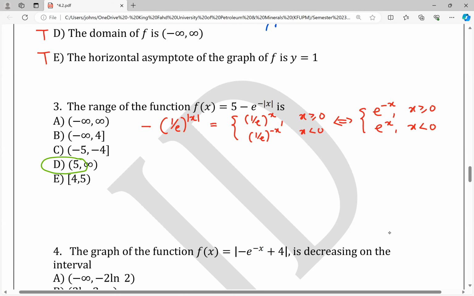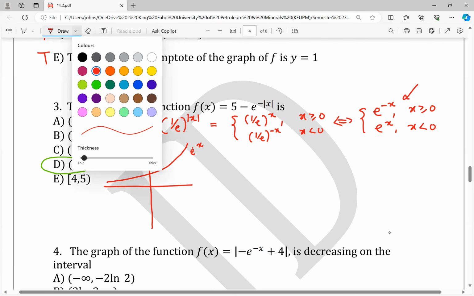So we try to graph this one first. To graph this, it will be piecewise. What is e to power minus x? Remember, e to power minus x is just the reflection of e to power x. So this one is e to power x, right? And let's use this one.